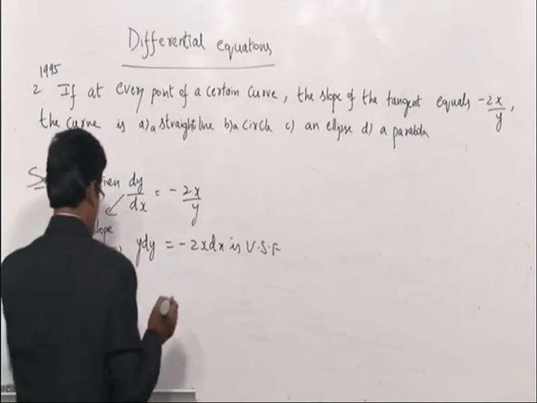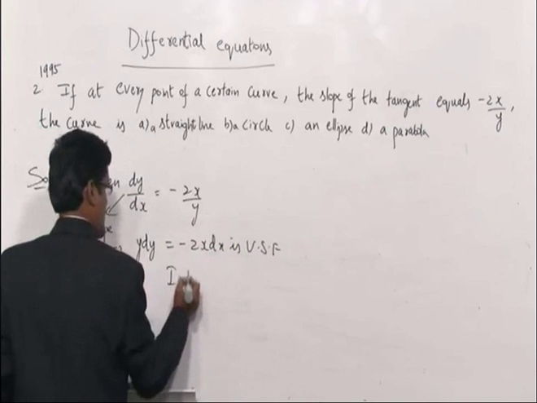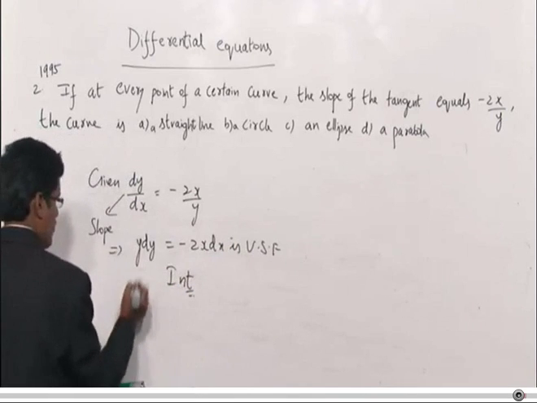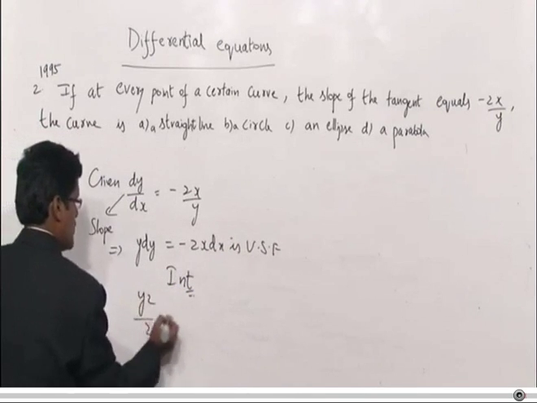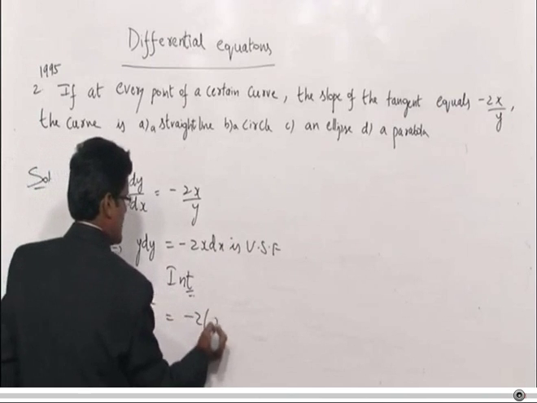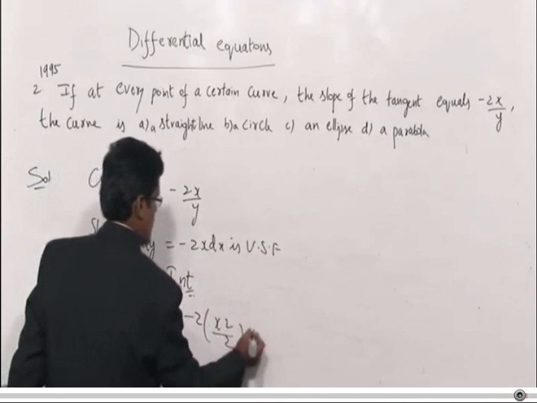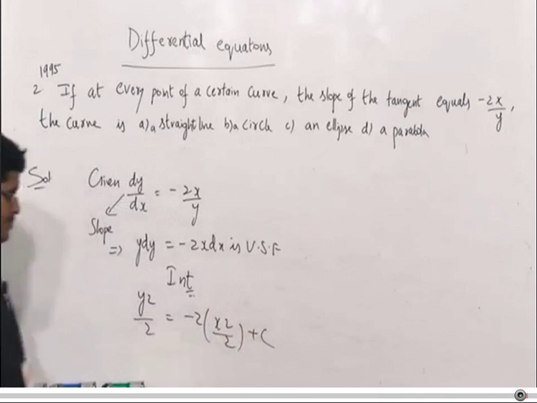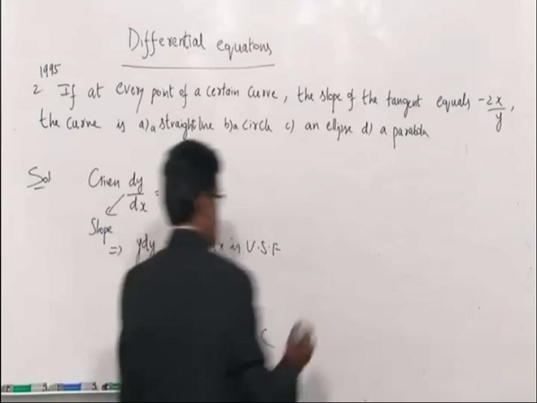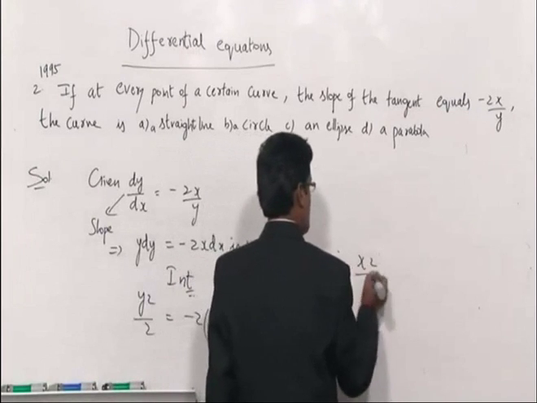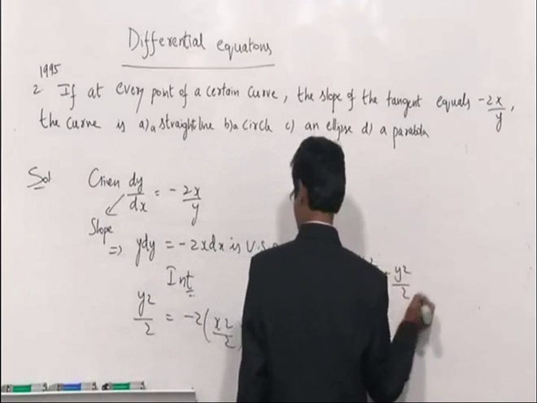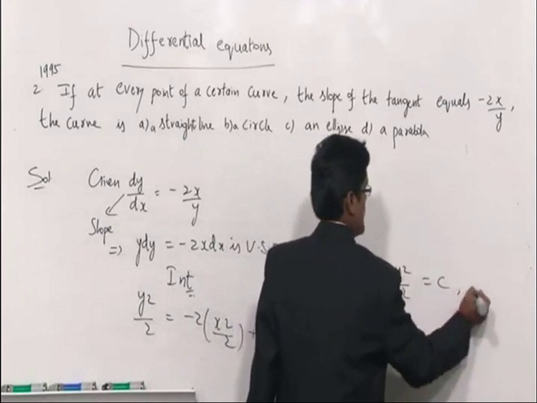Integrating, y square by 2 is equal to minus 2 into x square by 2, the 2 cancels, plus c. Therefore x square by 1 plus y square by 2 is equal to c, which is an ellipse.